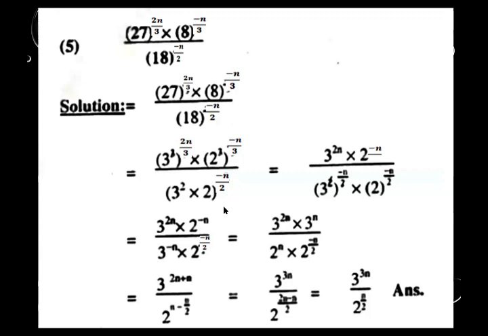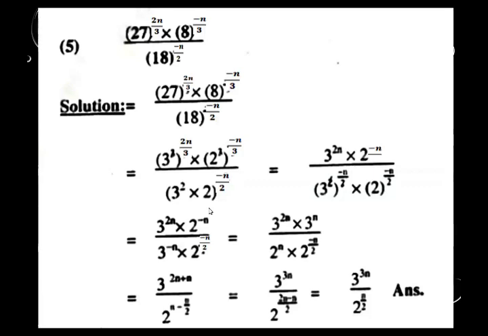Come to the denominator. This is 3 to the power 2, and the whole power is minus n over 2. Again the powers are going to multiply, so the 2s will cancel, and multiply by 2 to the power minus n over 2.